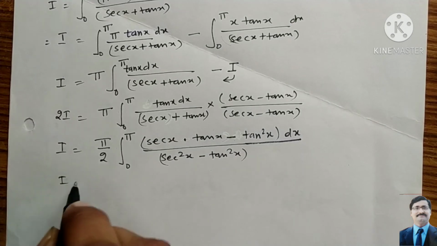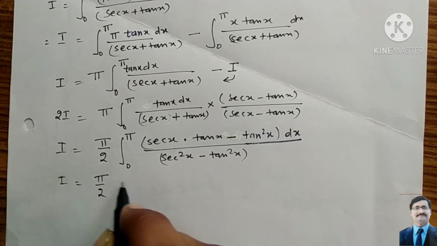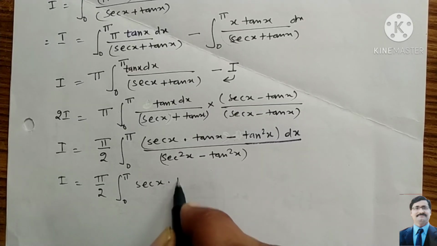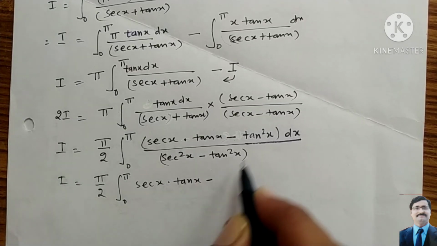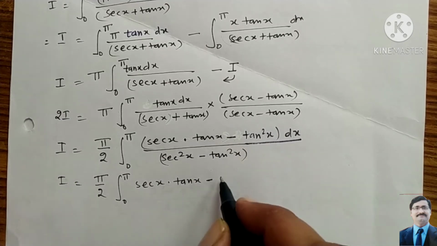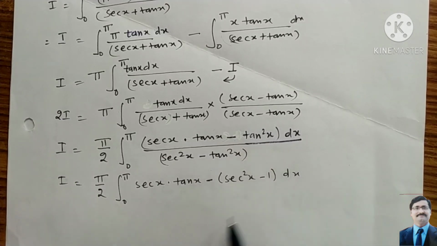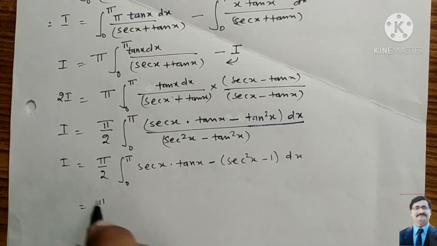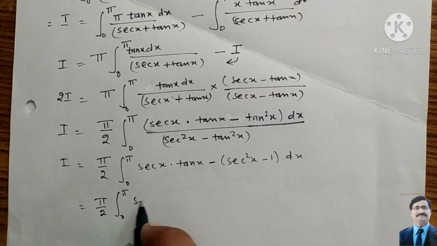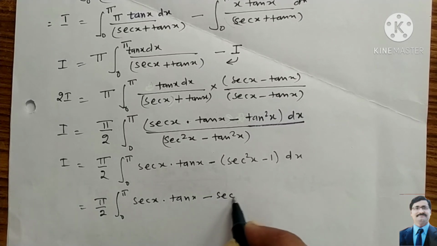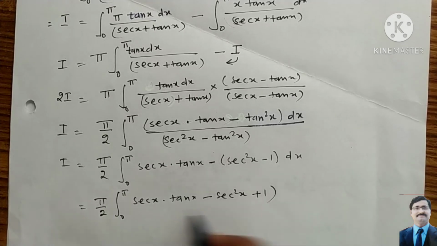So I equals pi by 2, integral from 0 to pi of sec x tan x, and tan square x we can write as sec square x minus 1. Now look at this: pi by 2, integral from 0 to pi of sec x tan x minus sec square x plus 1 dx.